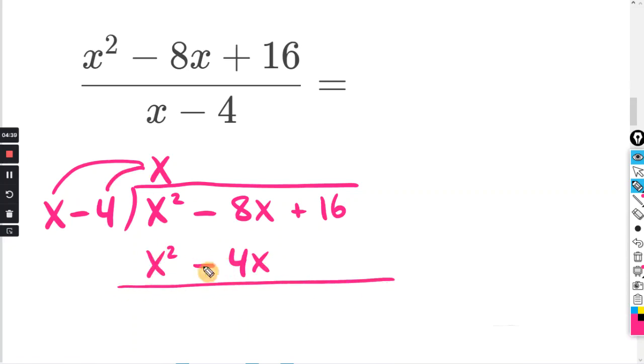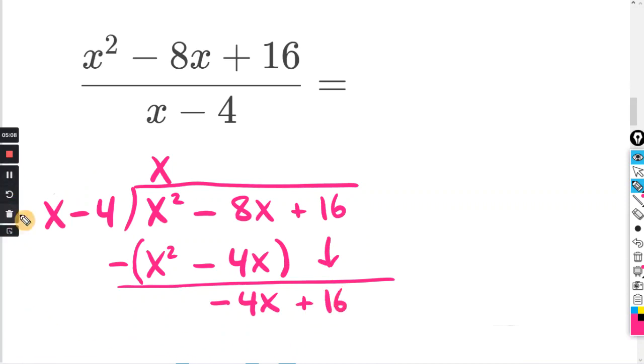We're going to subtract this whole thing, so use parentheses. X squared minus x squared is just 0. Negative 8x minus negative 4x. The two negatives make it positive. So negative 8x plus 4x is going to be negative 4x. And you bring down the 16, positive 16. Okay, once again, we're saying what times x will give us negative 4x? Well, that's just negative 4.